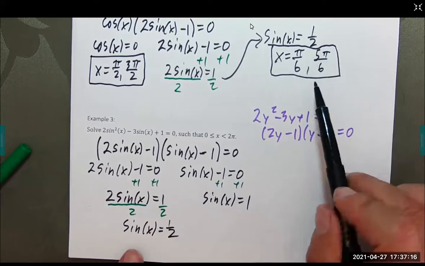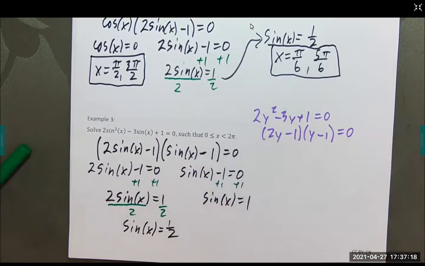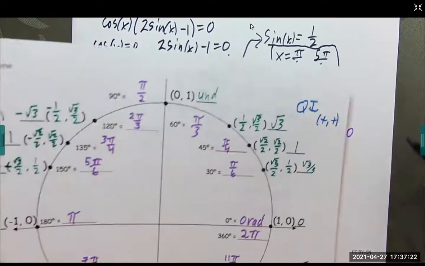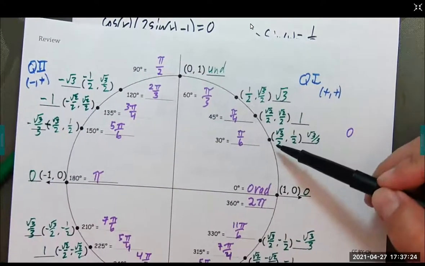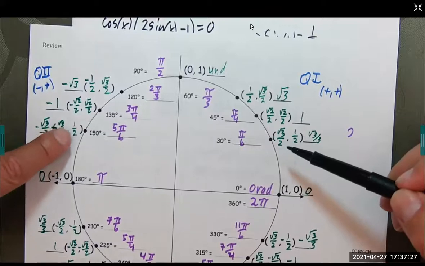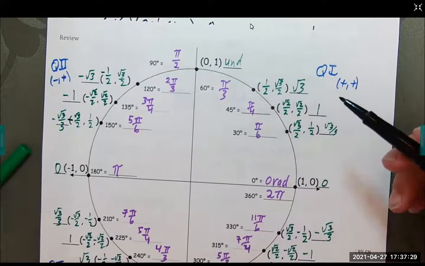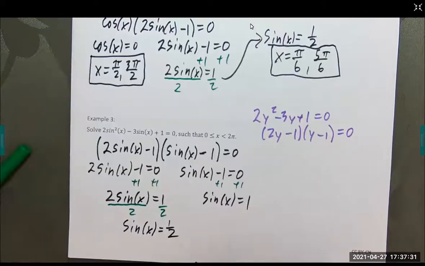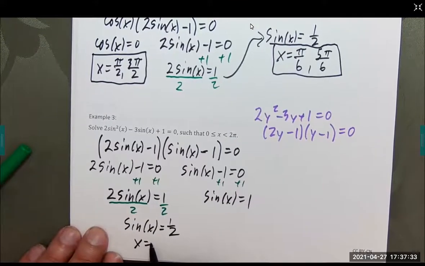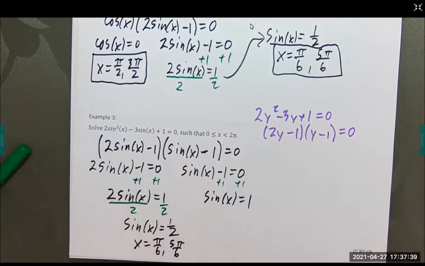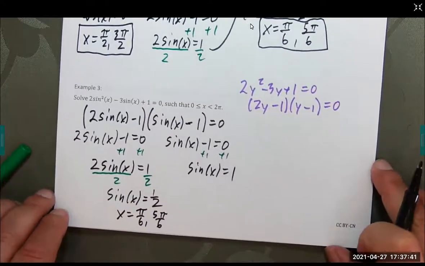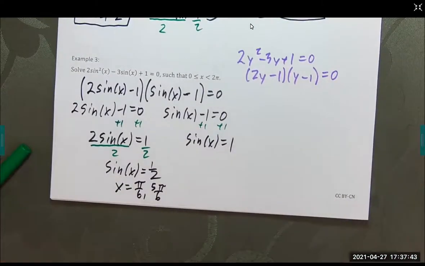There are two values between 0 and 2 pi. Let's find them again. Remember, sine is the y coordinate. When do we have positive 1/2? We have it right here at pi over 6, and we have it over here at 5 pi over 6. Now, for sine of x equals 1, that's when y equals 1.